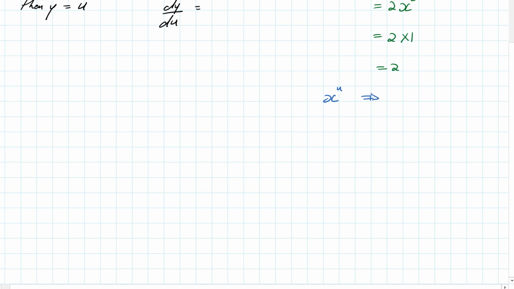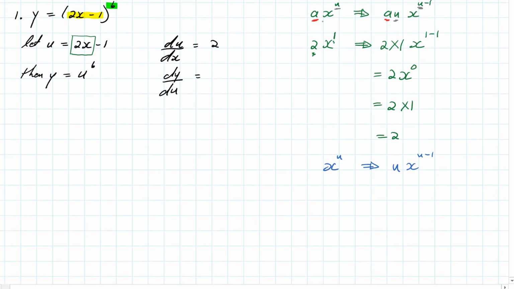If you take the derivative of that, that becomes n x to the power of n minus 1. It's exactly the same as the rule above. The only difference is we don't have the a in front now, or our a in front here is just 1. But the rule says take the n to the front. There it is, that's an n. Sorry, it's not a u, it's an n in my writing. And then deduct 1 from the power, n minus 1.